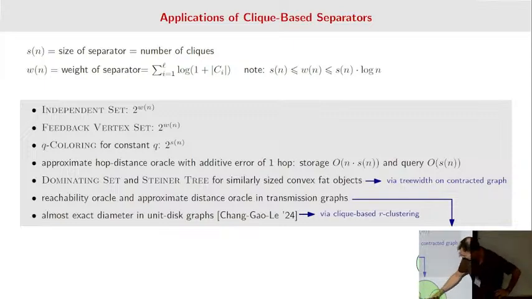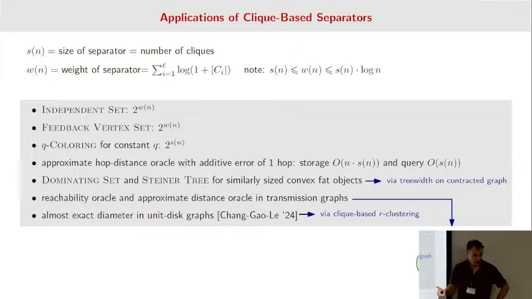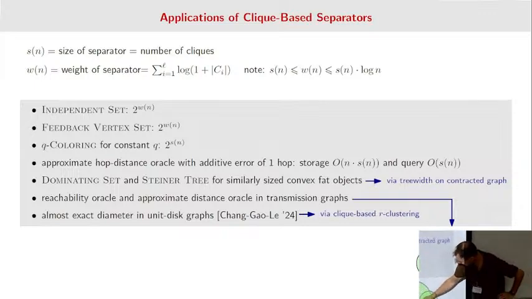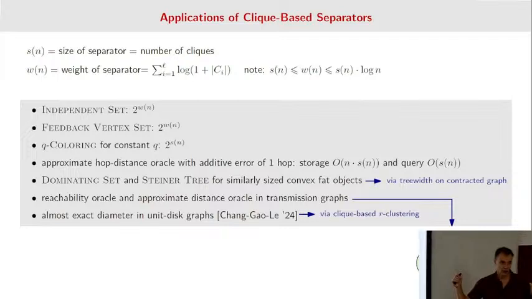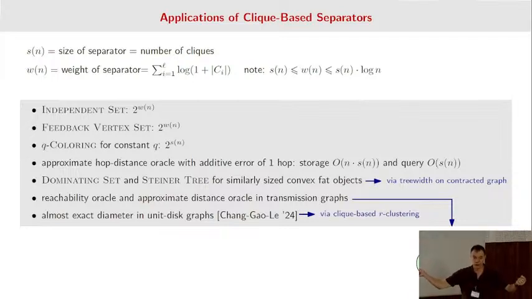If you take a disk graph, but now it's directed in the following sense: if the center of one disk is inside another disk, then I put a directed edge. This is called the transmission graph. And now even the question, can I actually go from one node to another one? Forget about the distance, but can I go from here to here?